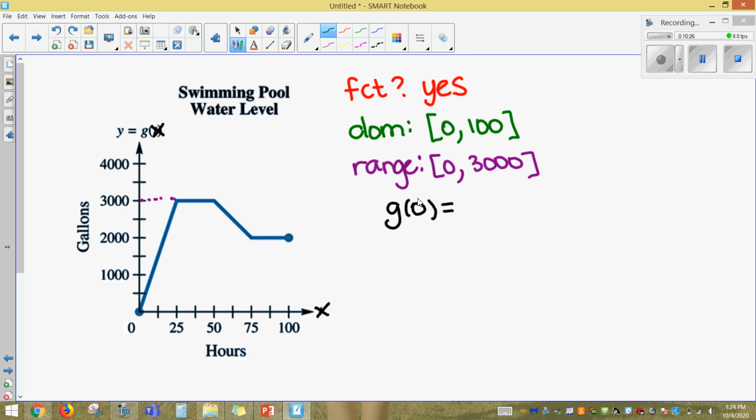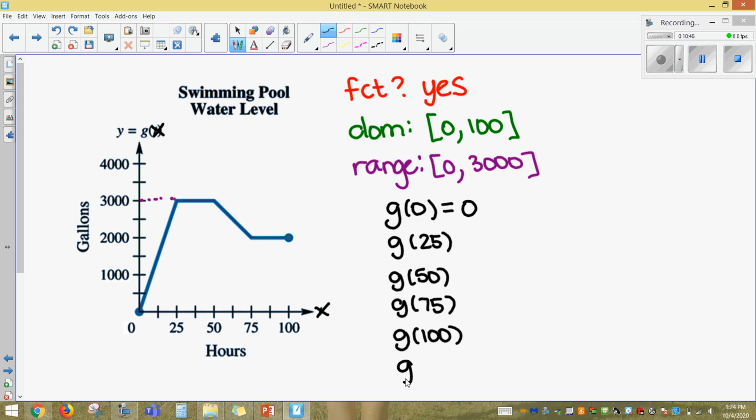And it looks like the y value is also 0. I would like for you to find me g of 25, g of 50, g of 75, g of 100, and then maybe g of 37 while you're there.